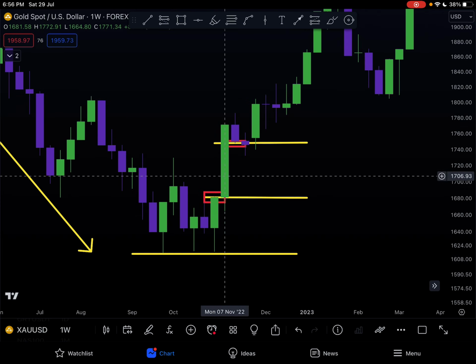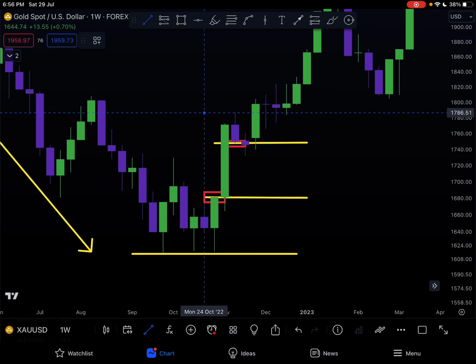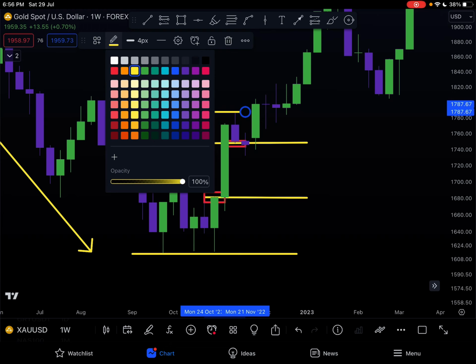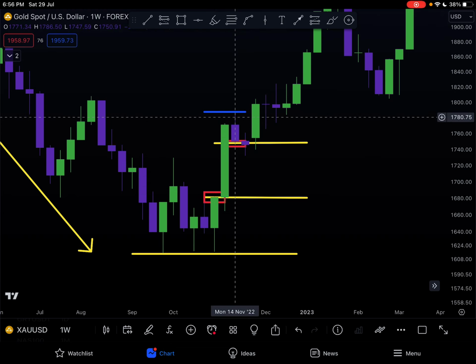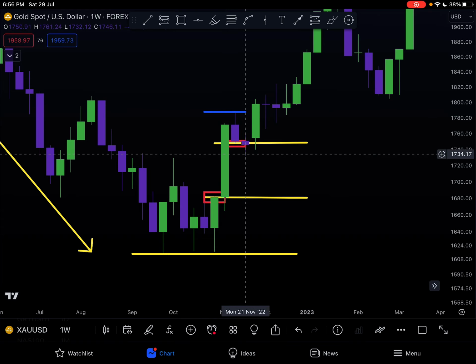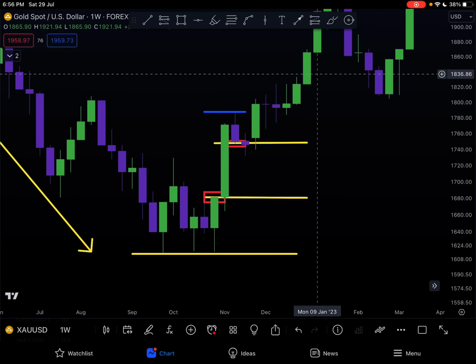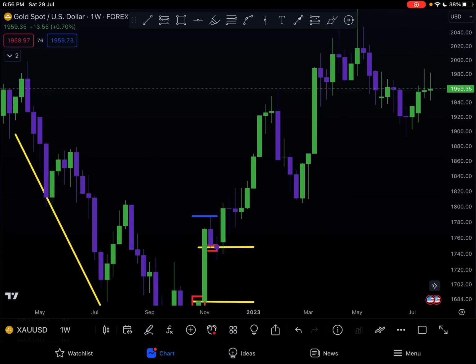Buy side imbalance. Price is now bullish. It's going to run up, create buy side liquidity here. Okay. Once you notice that your imbalance is created, you're going to understand this, that price needs to rebalance before going significantly higher.